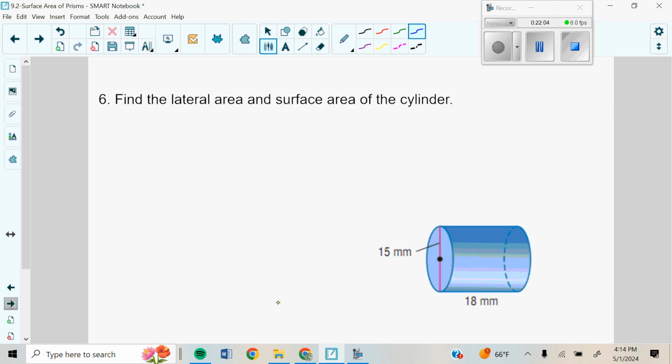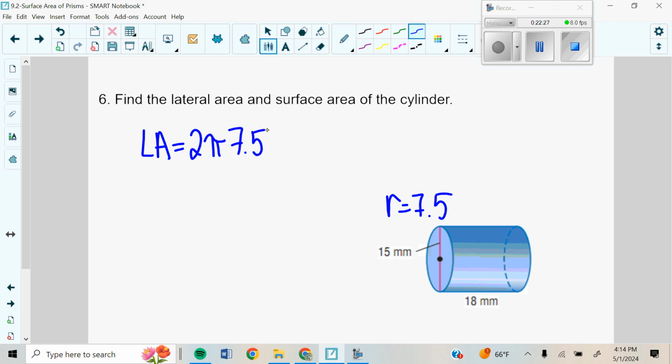All right, so find the lateral and the surface area of this cylinder. So our lateral area, we're going to do 2 times pi times our radius. Well, here they have a red line that goes all the way through, so we're going to assume that that is our diameter. So our radius is 7.5.